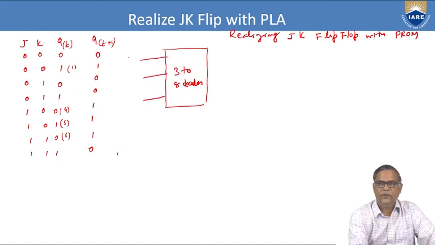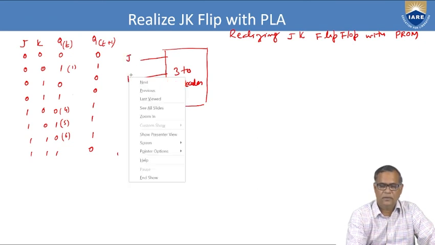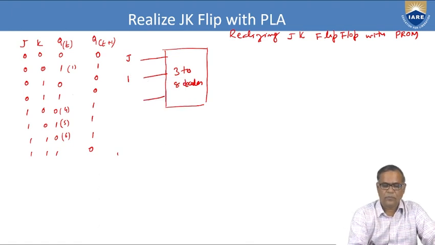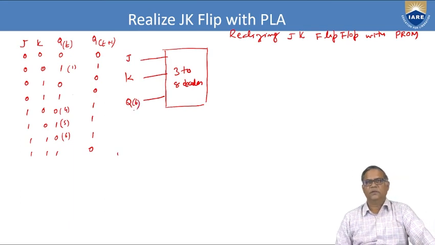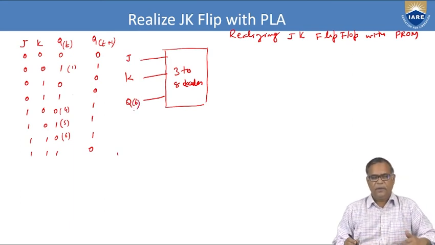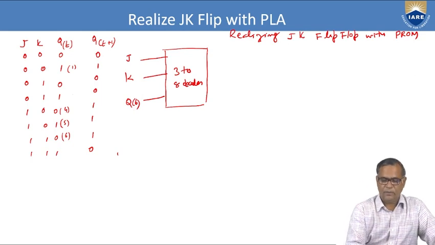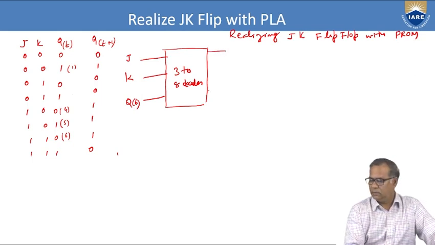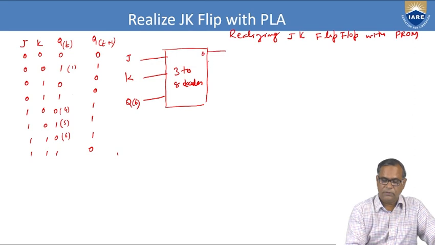What are the inputs? J, K, QT. So these are the 3 inputs. And it gives 8 outputs, 0, 1, 2, 3, 4, 5, 6, 7.